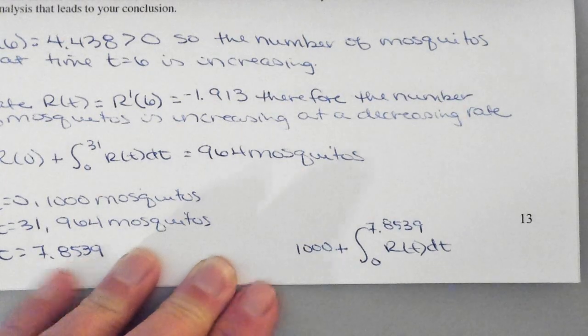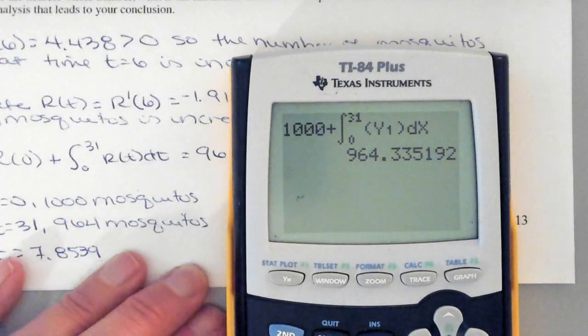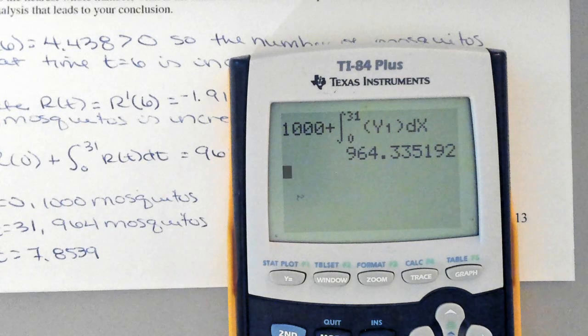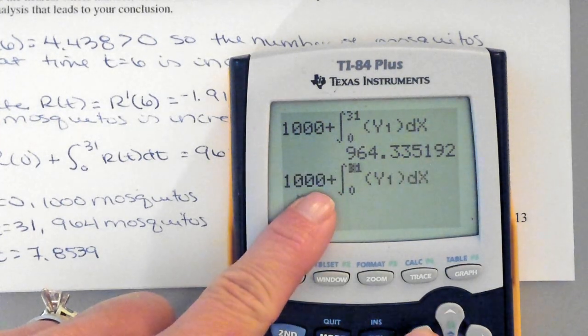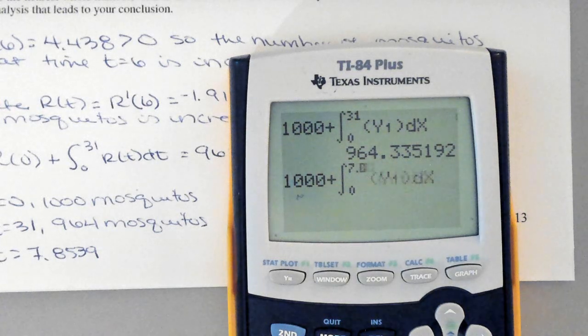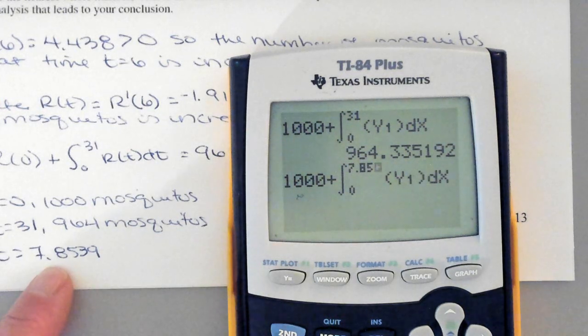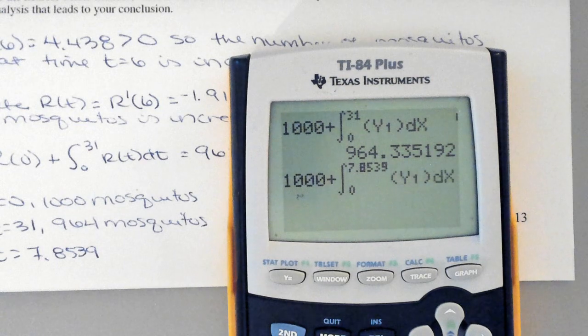I am lazy, yes, not always, but it's already in there. So if I hit second enter, all I need to do is go up and change this upper bound. 7.8539, is that right? Okay, enter.